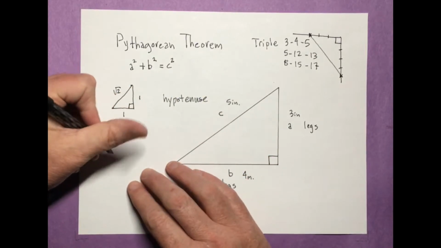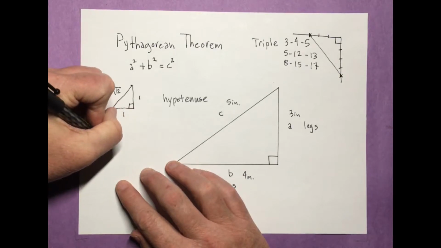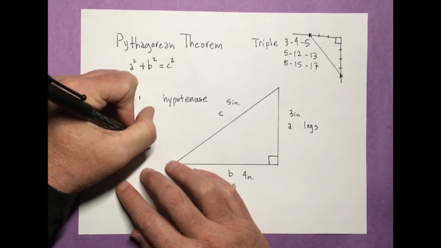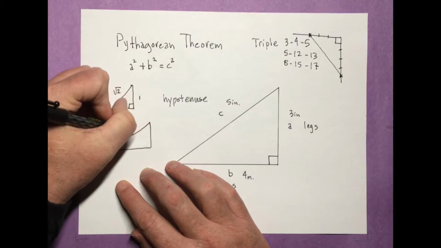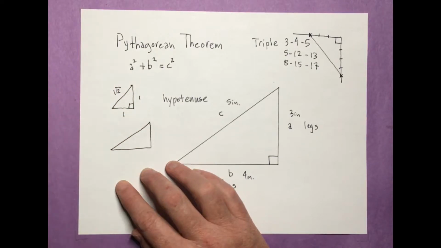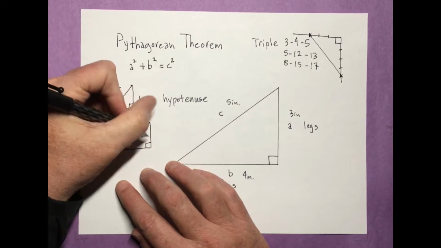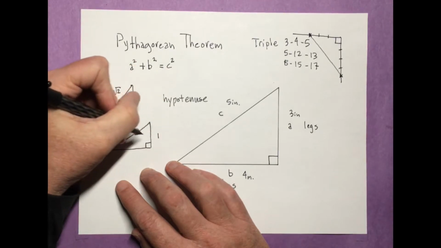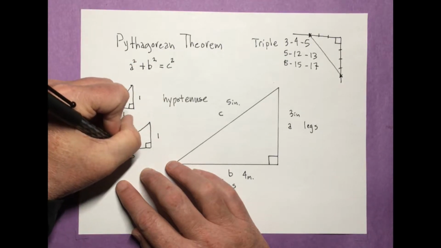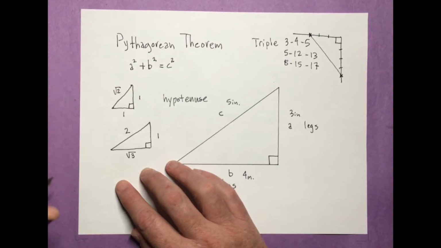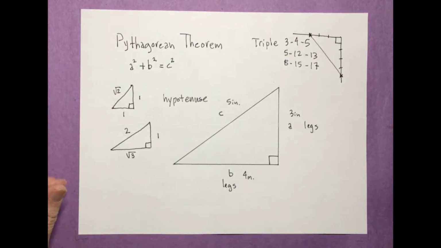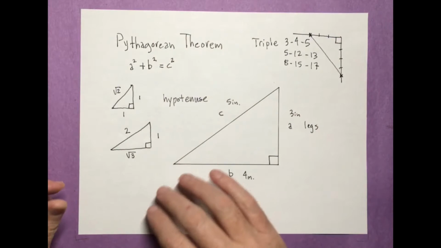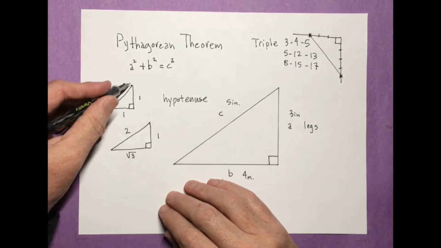And the other one, which you just want to memorize, just have a mental image of it ready to go at a moment's notice, is a right triangle whose sides measure 1, root 3, 2. Now, the reason why these are such useful triangles is because of their angle measures.